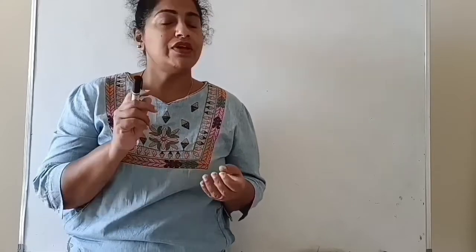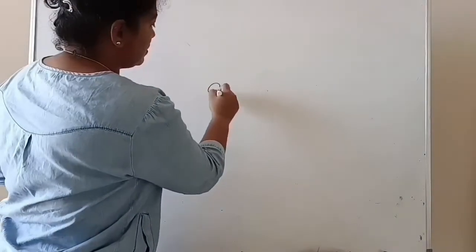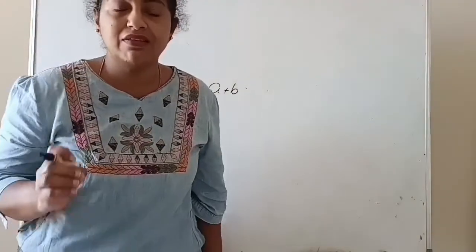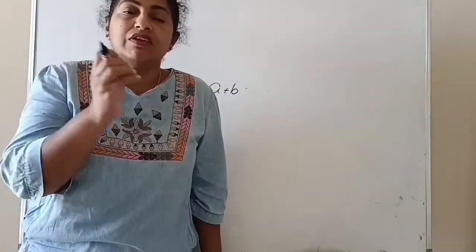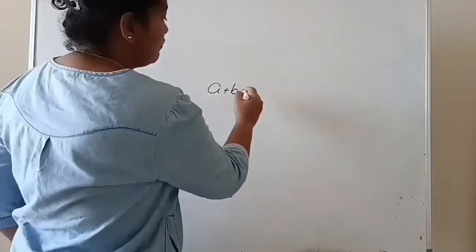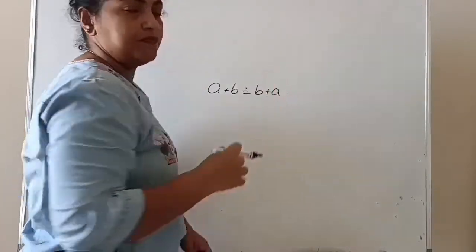Right? Now that you know how to check whether a given relation is a binary operation or not, now let us see the properties of binary operation, which are commutativity and associativity. Okay, so any operation that is given to you, addition, subtraction, multiplication or division, we always learn to check whether it is commutative and whether it is associative. Now, how do you check whether a given operation, for example, let us take addition. You have two numbers, a and b. When these are added together, we say this operation is commutative if a plus b is equal to b plus a.